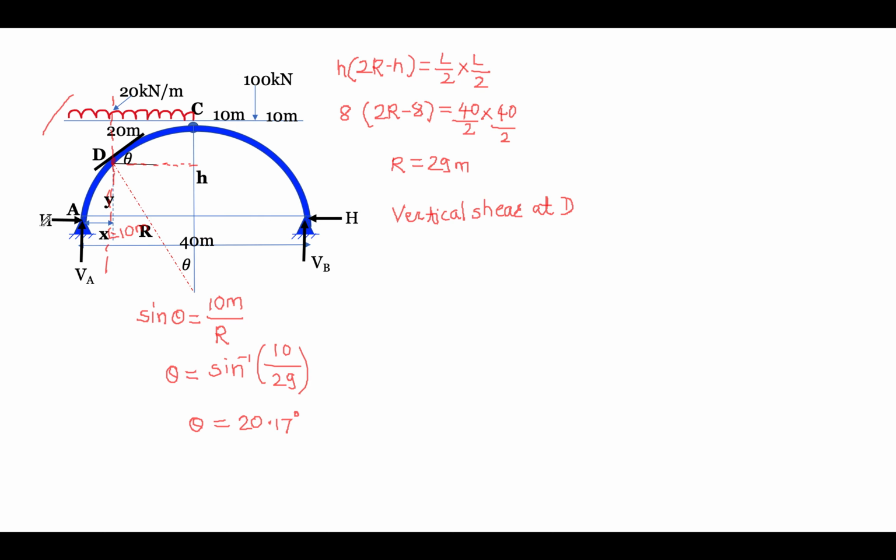You can see there is a force VA and there is a UDL. These are the only two forces. So simply you have to write V is equal to support reaction VA minus that UDL only up to 10 meter, because our D point is at 10 meter. So VA is equal to 325 minus 200. So our answer will be 125 kilonewton.